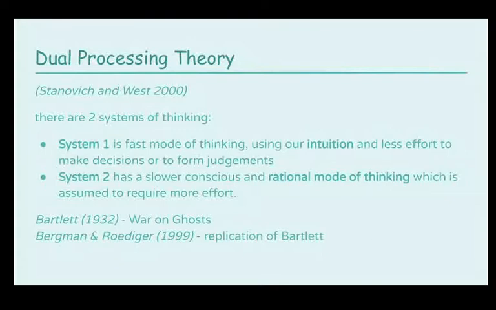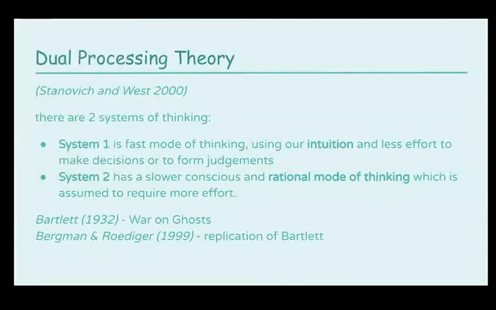System 1 is a fast mode of thinking, very effective, and it uses our intuition and usually puts less effort in making decisions or forming judgments, because you don't put that much effort to think and consider your decisions when you use System 1.